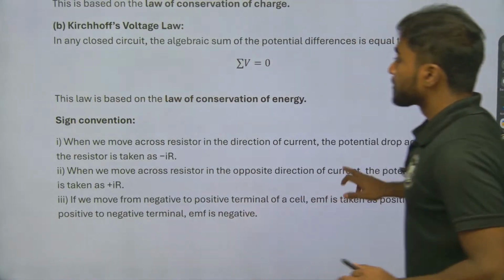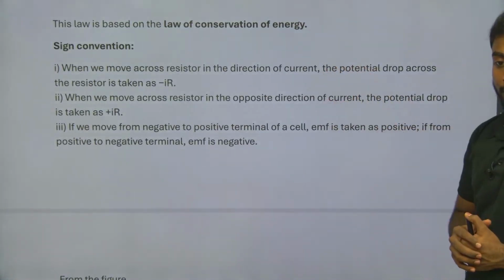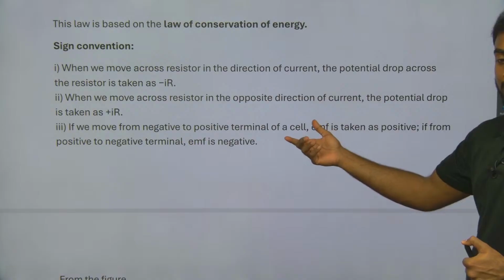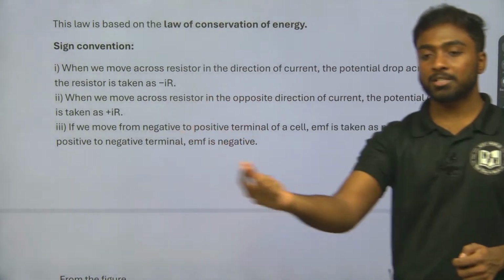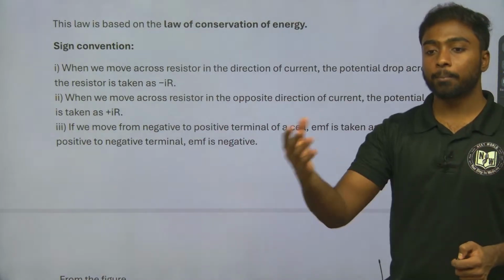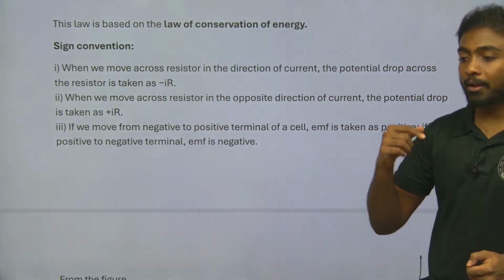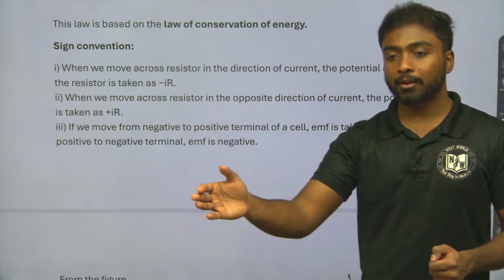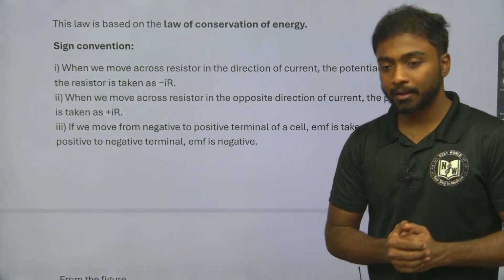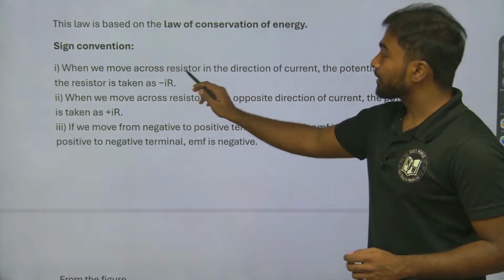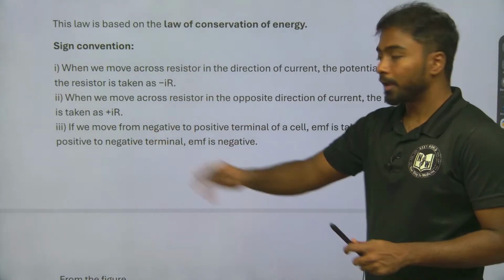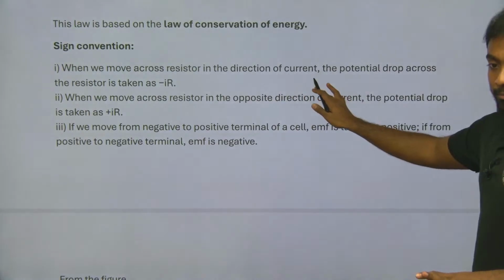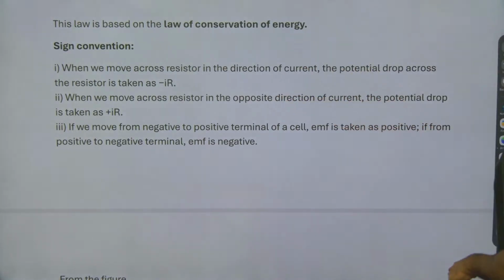Right. So sign conventions we need to know. Why we need to know about sign conventions? When we are traveling in a circuit, okay, whether we are going from positive to negative or negative to positive, or we are going in the direction of current or in the opposite direction of current. So when we move across the resistor in the direction of current, okay, let me take that.